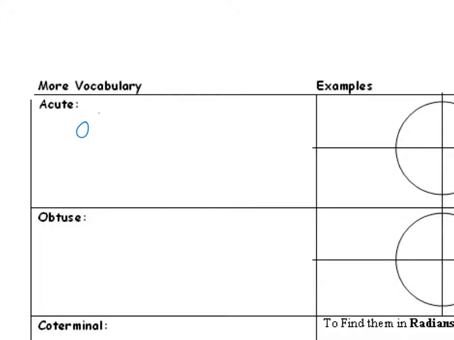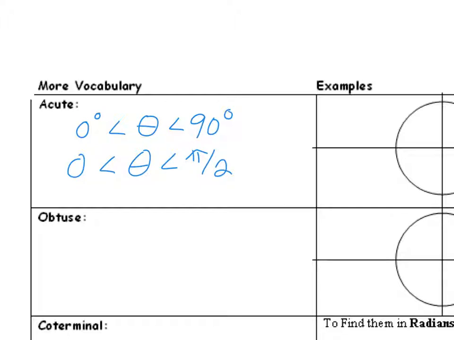If we're doing degrees, we're talking somewhere between 0 degrees and 90 degrees. That theta is our angle measure. But in radians, we'd be talking 0 radians to pi over 2. So basically, we're talking any angle hanging out in quadrant 1.